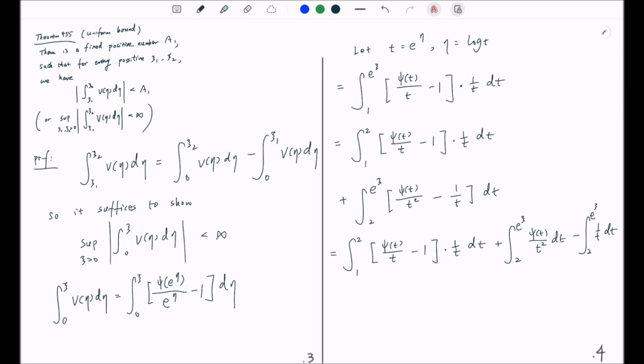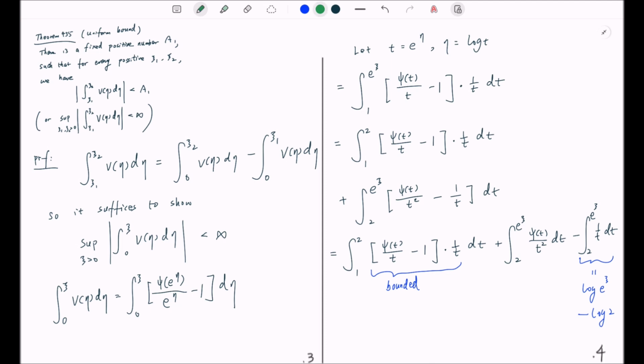From here, first, observe that the first integral is from 1 to 2, and the integrand is bounded. The third integral can be computed. This is equal to log of e to the c minus log of 2.